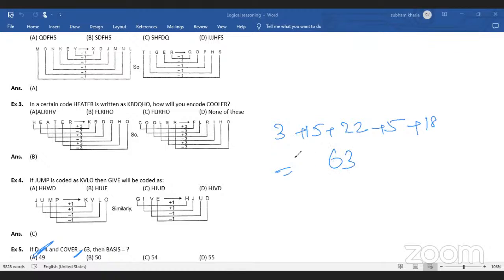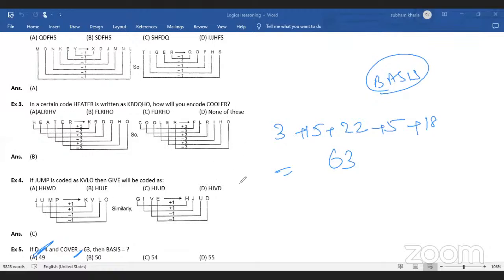So what was the logic? Write the place value and add them. So what's the code of BASIS? Quickly tell me. 49.